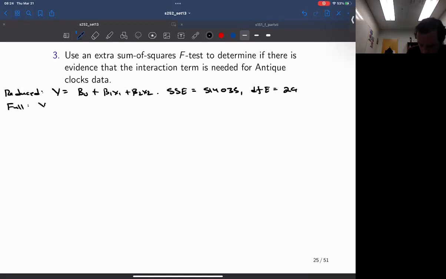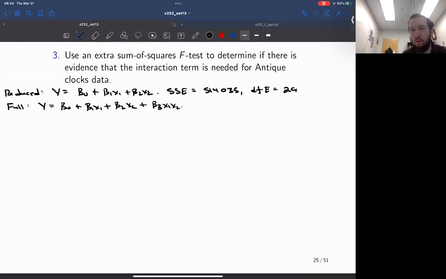The full model, in this particular situation, is the model with interaction. The sum of square error for this model was 218,646, and the DF error is equal to 28.